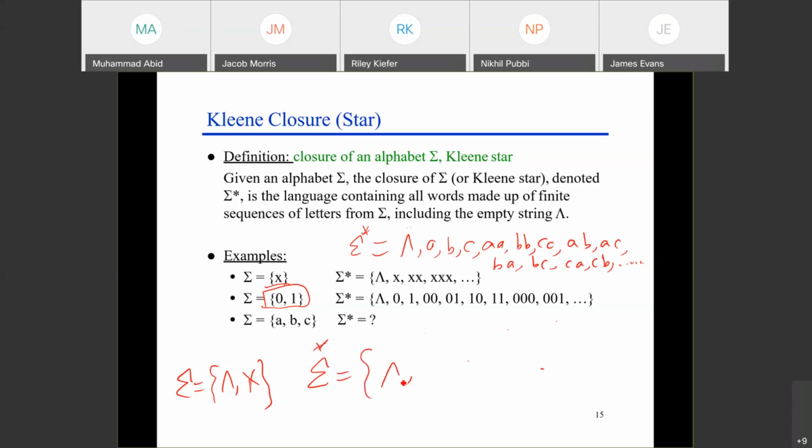Here you will have lambda as part of the basic building block, so lambda, x, and all possible combinations of x.